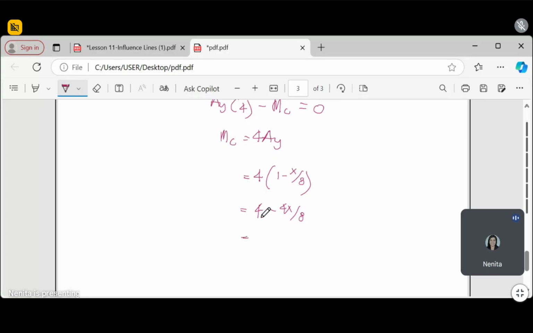Kung ating i-simplify it further, hindi naman natin pwedeng i-add siya because may x na siya. MC is equal to 4 minus 4x over 8.